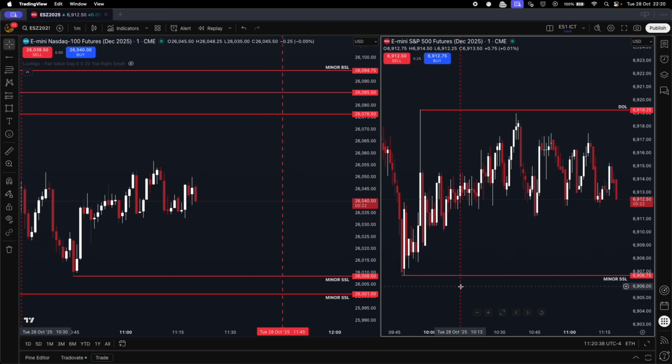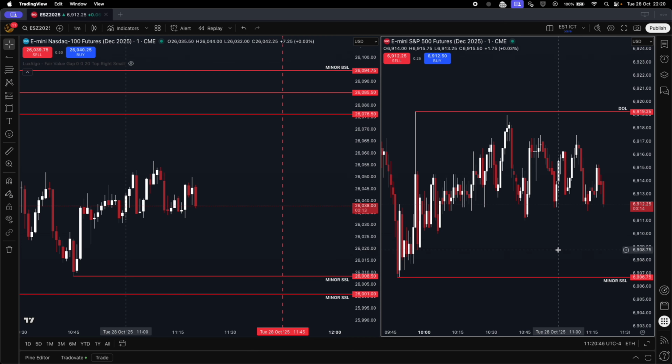Obviously bias is bullish to send price to buy side, but we would like to see a sweep of sell side. Lunch or not? Well, that's why we're discussing now. So we're setting up for lunch, and what we'd prefer to see is a sweep of sell side and then look for longs to target the opposing point.